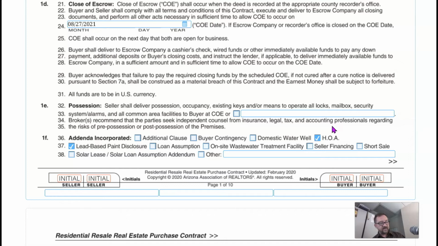The HOA addendum is a separate document, and we're going to have an entirely different video on all the other great addenda that get piled onto the contract when I'm done with these. It is going to come out and say, when we transfer this property in the HOA, who's going to pay the transfer fee? Who's going to pay the disclosure fee? Are there any prepaids that are required?